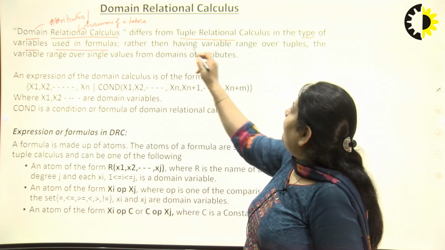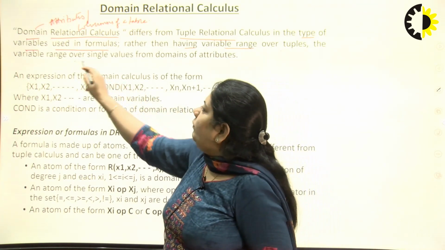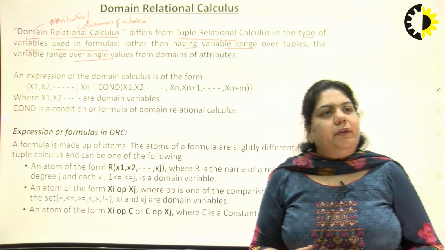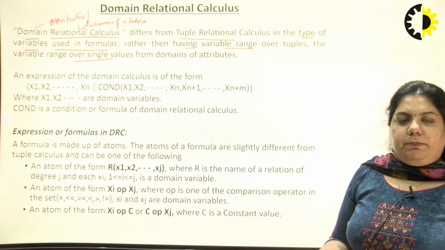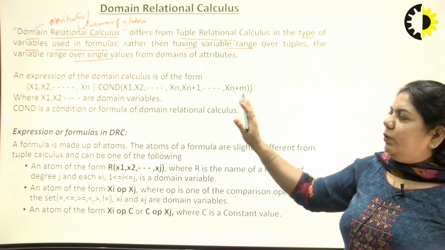Rather than having variables range over the tuples, the variable range will now be over single values. In tuple relational calculus, we had multiple variables working over different ranges. Here we will have only a single variable.